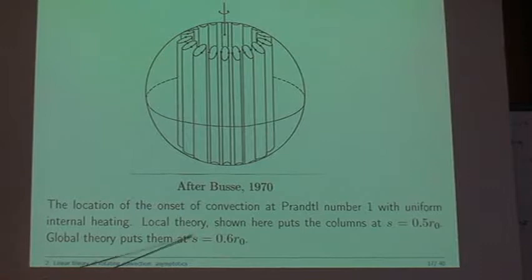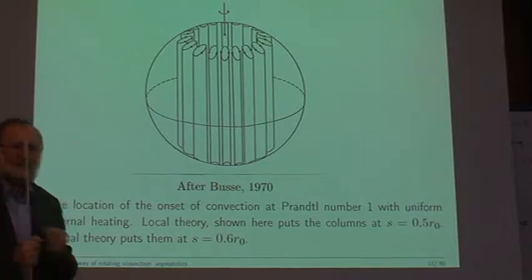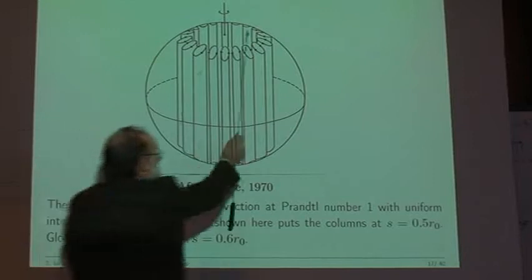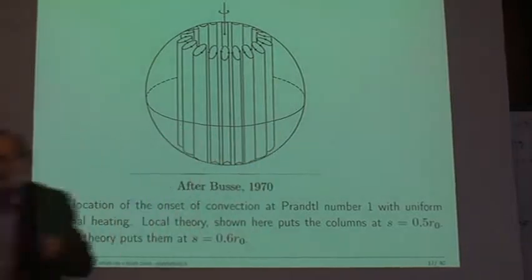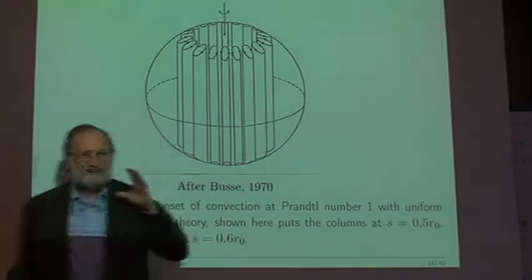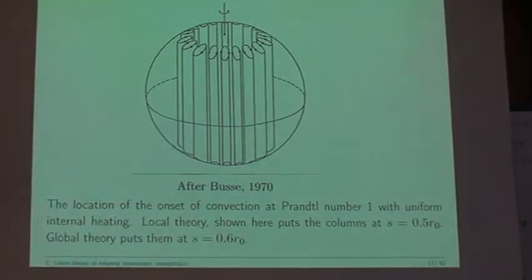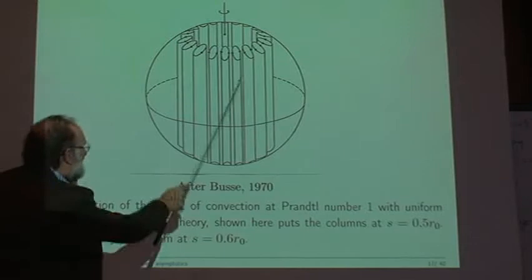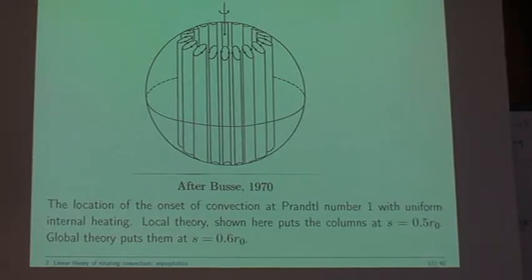The global theory prediction gives you that s is 0.6 rather than 0.5. So the real thing should be just slightly further out than Fritz's original prediction. But it's not a huge difference, to be honest. But it's a huge difference conceptually and theoretically, even if it's only quite a small difference in actual numbers.